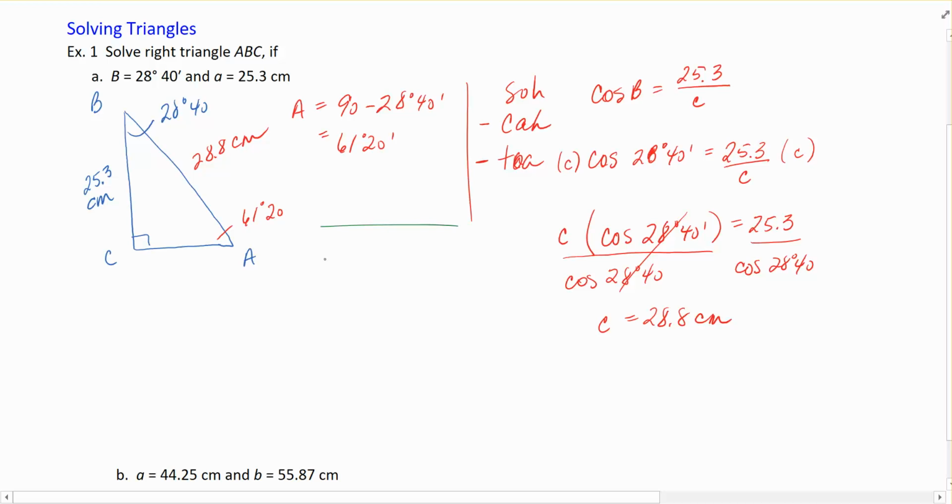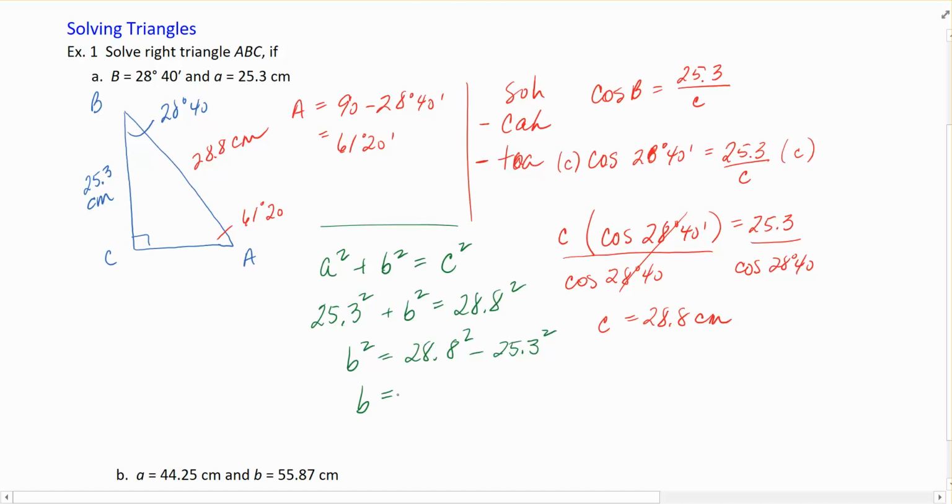I've got a squared plus b squared is equal to c squared, or in other words, 25.3 squared plus b squared is equal to 28.8 squared. So b squared is equal to 28.8 squared minus 25.3 squared. And then when I take the square root of that, I'll know what b is. So let's do that on the calculator.